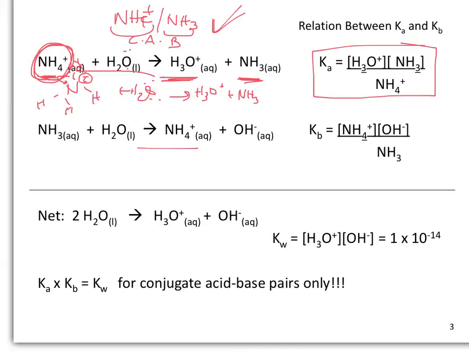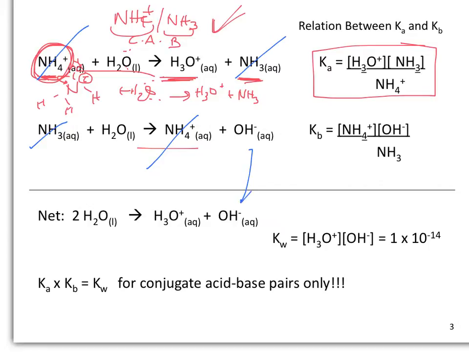Now, if you end up adding both of these equations, you would see that the ammonium is on both sides of the equation, so that's going to cancel out. Likewise, ammonia exists on both sides of the equation, so that gets cancelled as well. What remains is 2H2O gives you hydronium plus hydroxide.